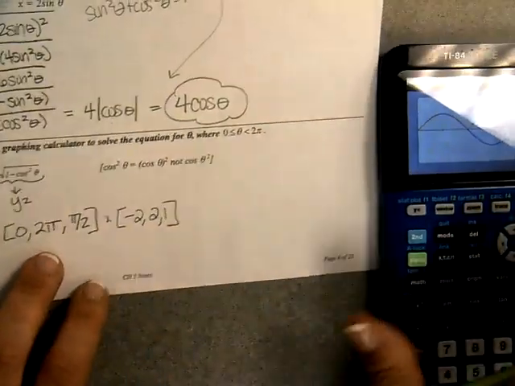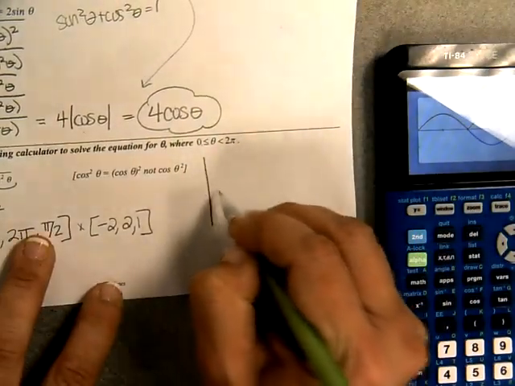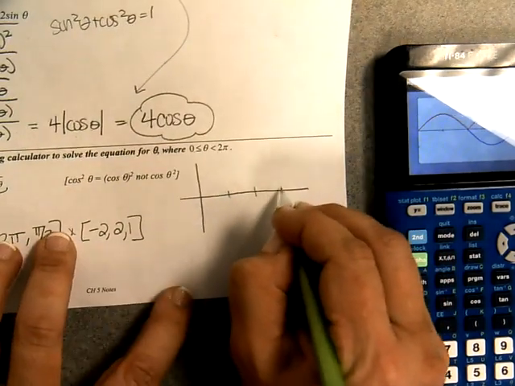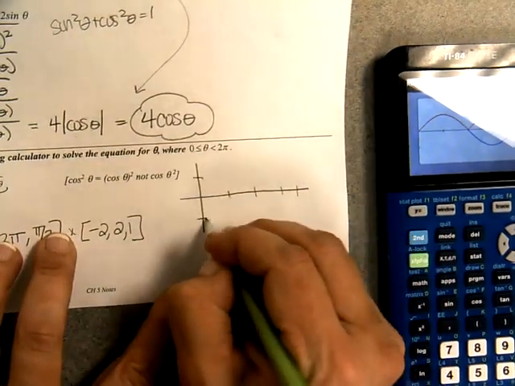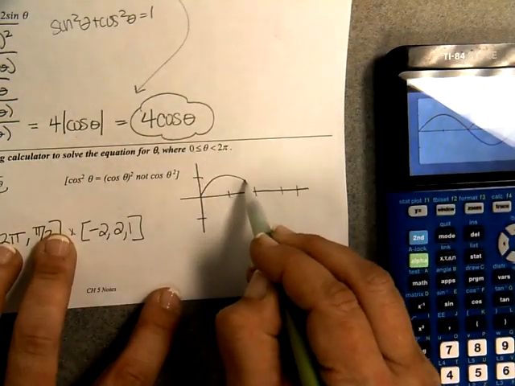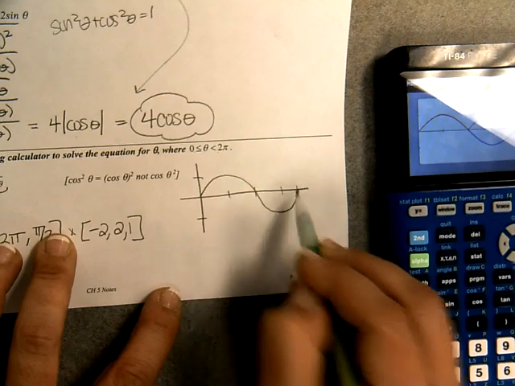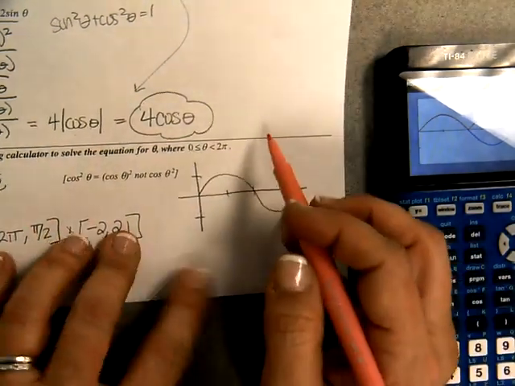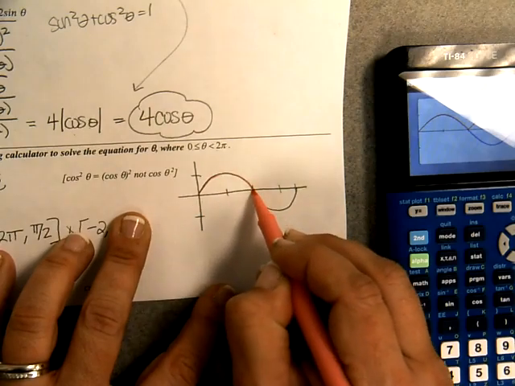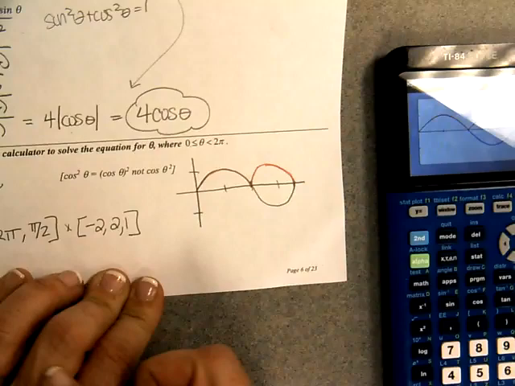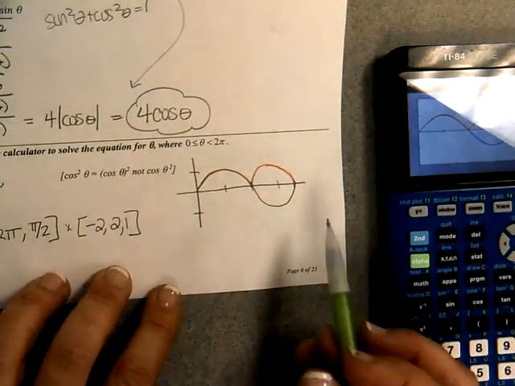So I notice if I'm going to draw a sketch, which we're supposed to do, if I were to graph the sine of theta, it's looking like this, as we would expect. And when I'm graphing this other function, it's looking like this. And we know that the solution is going to be all the points where they intersect.